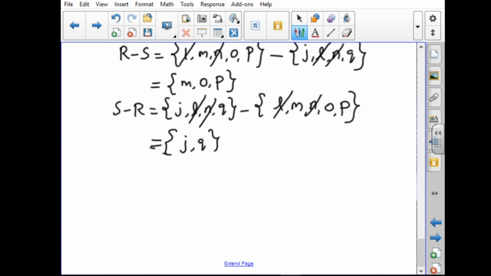This is the value of S difference R. So we can use the union formula: R delta S is equal to R difference S union S difference R. So what do you get if you join them together?